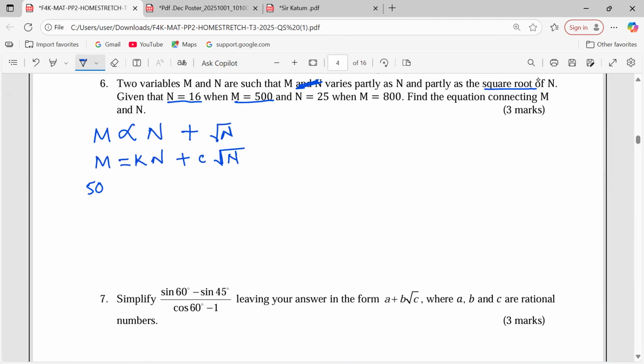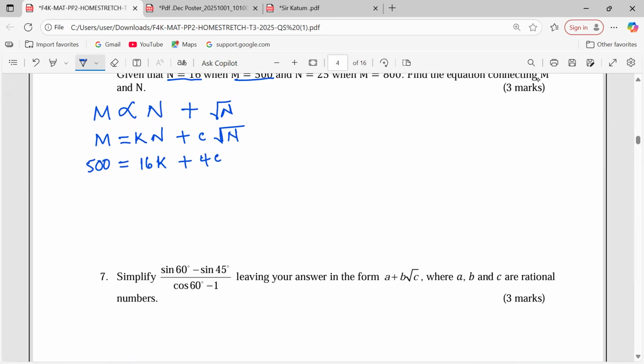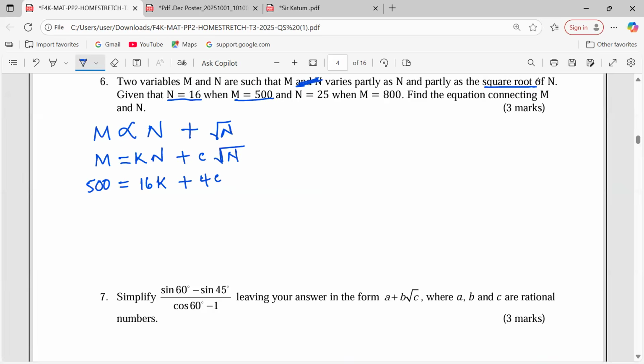So 500 equals K multiplied by 16, 16K, plus C multiplied by the square root of 16, which is 4. Like that, equation 1. Then again, N is 25 when M is 800.